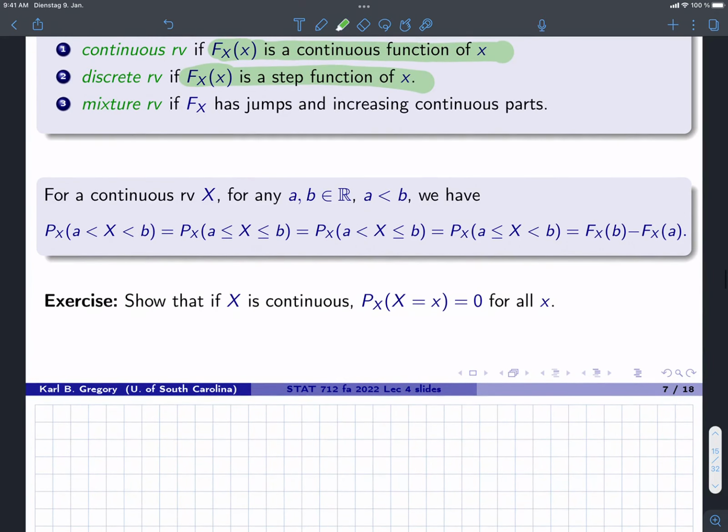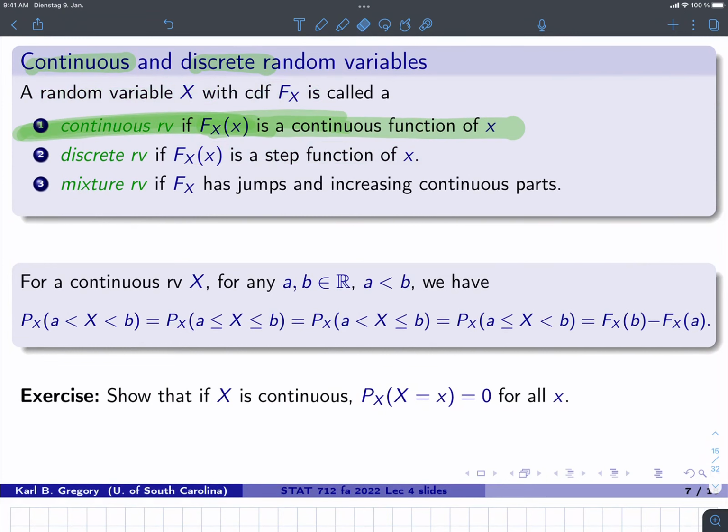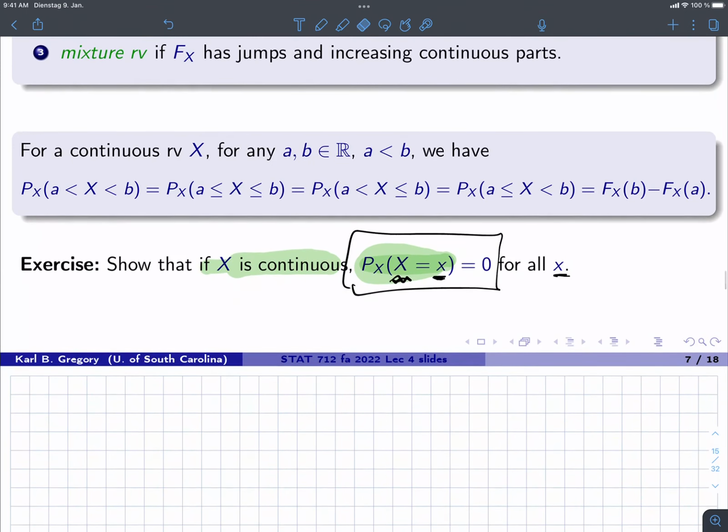Okay, so let's end by talking about one more important fact about continuous random variables. We haven't really looked at any example of one yet, but it turns out that if X is continuous, where we call it continuous if the CDF is continuous, then the probability that the random variable X takes any specific value has to be equal to 0 for all little x, so for any specific value.